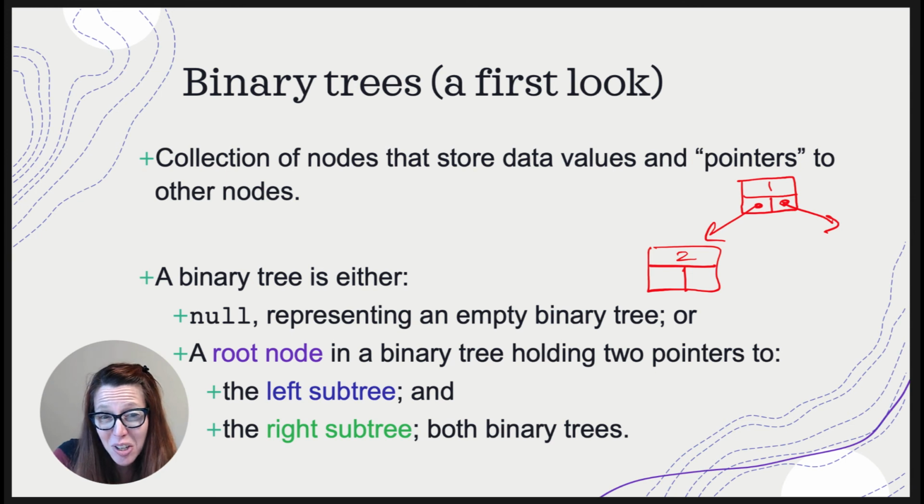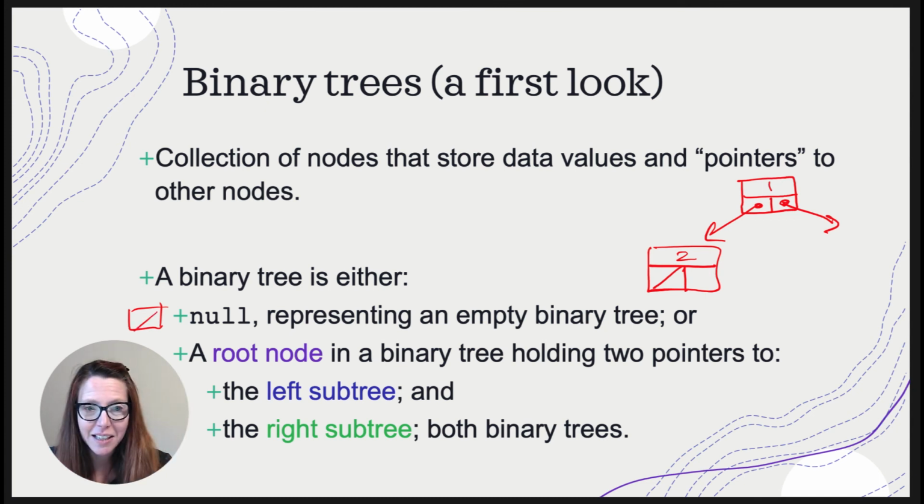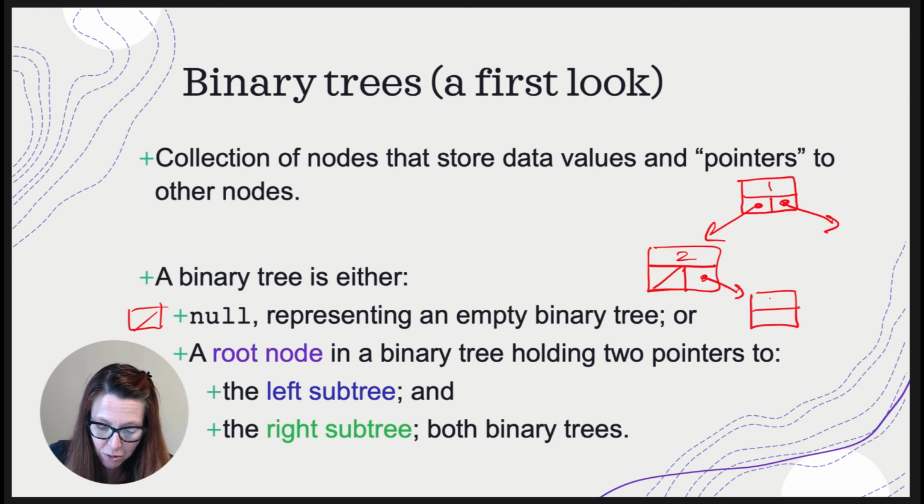The left binary tree might be the empty tree. The empty binary tree, I'll just mark as a line, and so this would be represented by the empty tree. And maybe the right one actually does point to another tree which holds data 3. But the left and right binary trees could be empty.